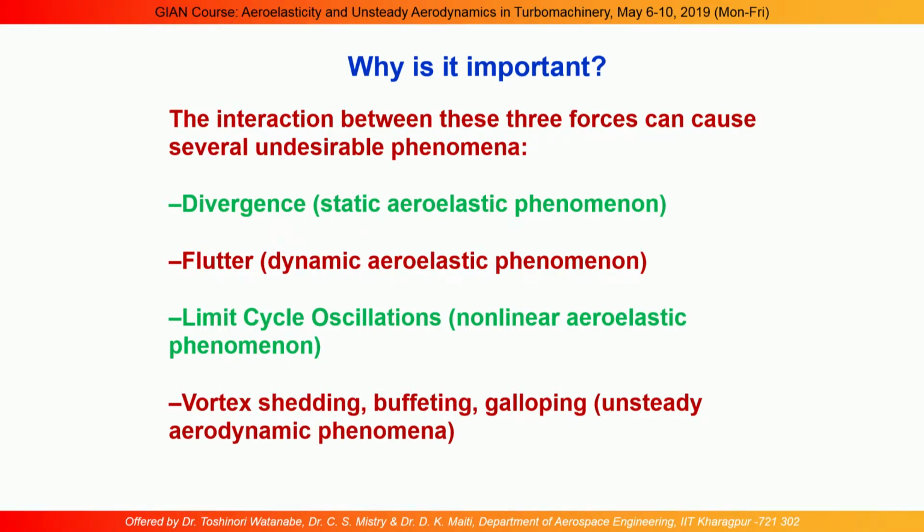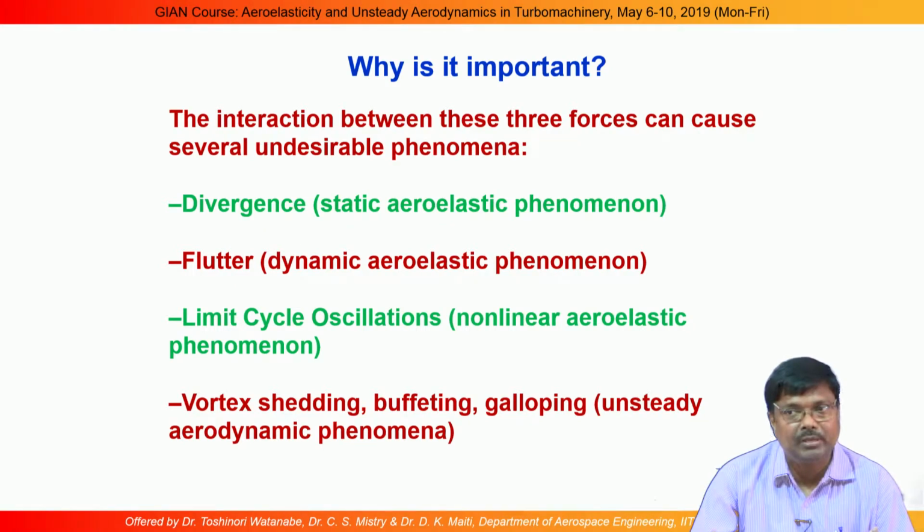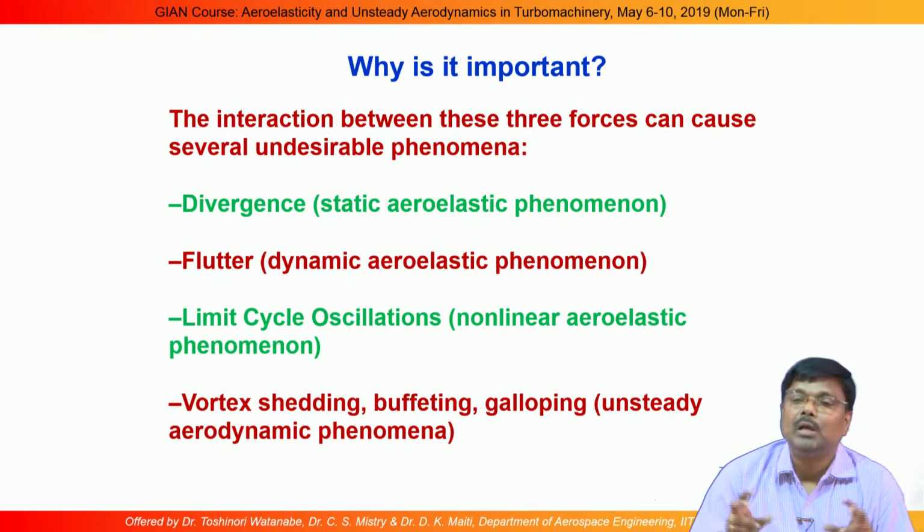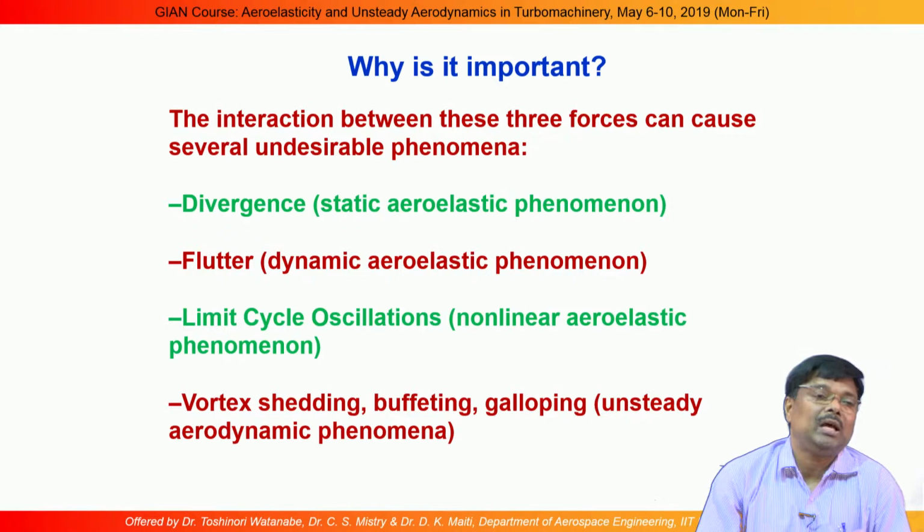Deflection will induce strain, and strain will induce stress, because of the elasticity. Deflection and strain are physical parameters. Stress is not a physical parameter, it is a mathematical parameter. The stress developed has to be within the allowable limit, then only we can say the aircraft is free to fly.